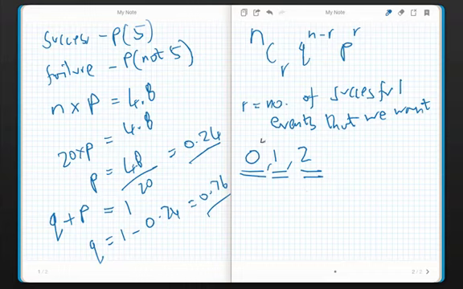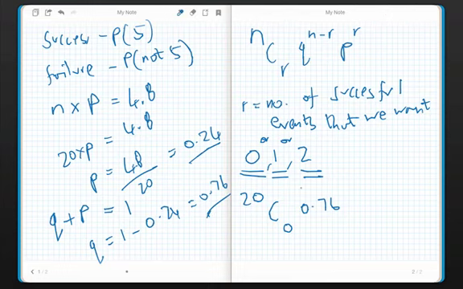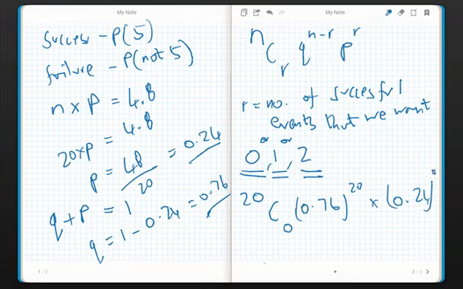So this is this or this or this. If we apply this formula, our first one will be 20, the number of trials, C 0, because we want 0 fives. Q is 0.76 as we found earlier, to the power of n minus r, 20, times P which is 0.24 to the power of r, 0.